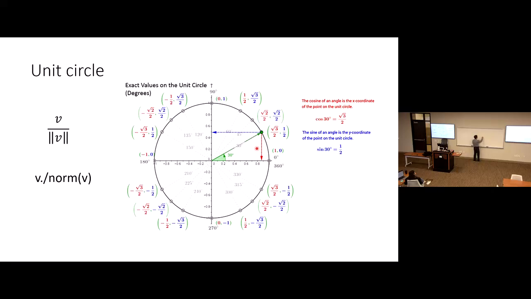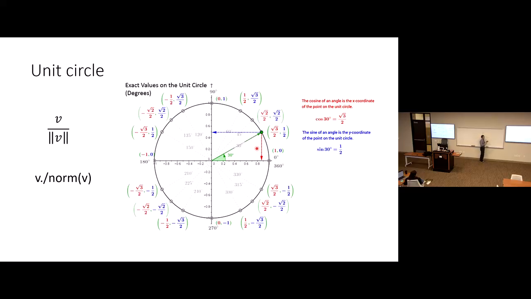If I select this as my x-axis and this as my y-axis, I have a very clear pair: this is 1, 0, and this is 0, 1.